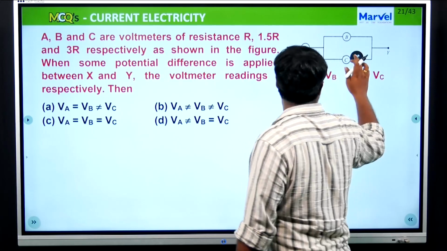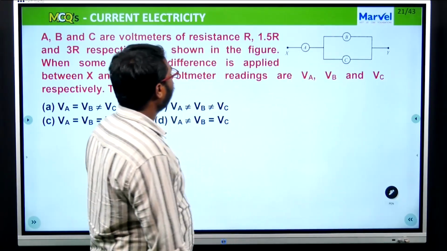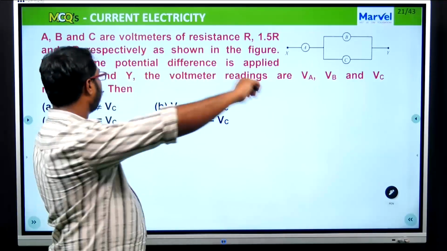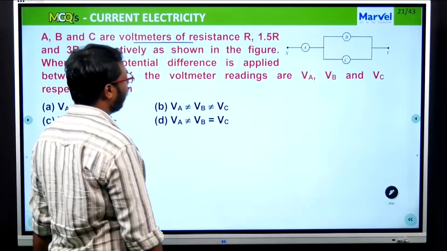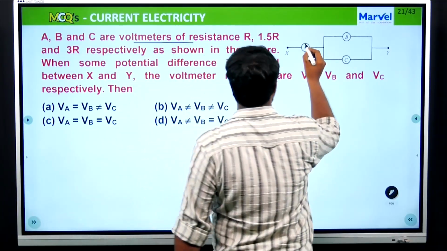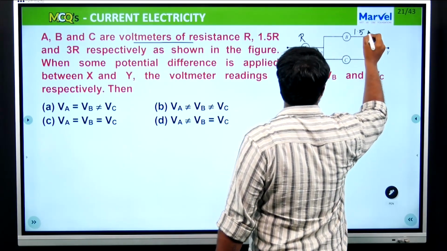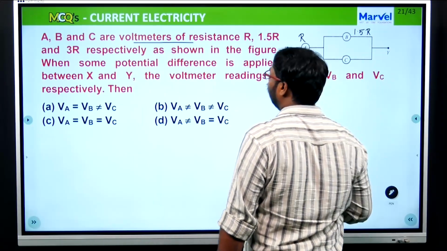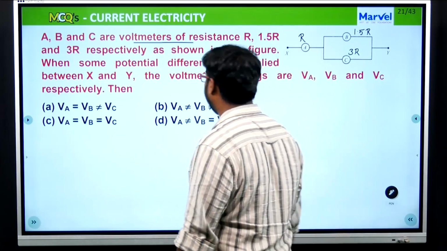This is a very interesting question. Here we have three devices. They are voltmeters, and each voltmeter has its own resistance: voltmeter A has a resistance R, voltmeter B has a resistance of 1.5R, and voltmeter C has a resistance of 3R respectively.